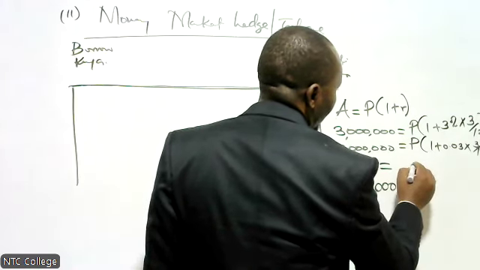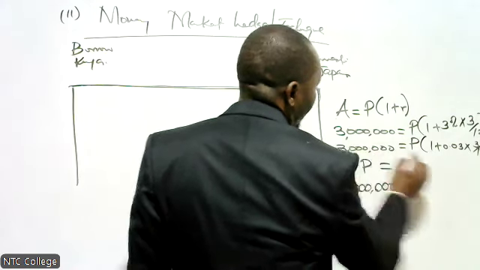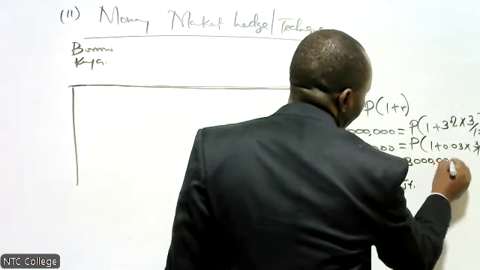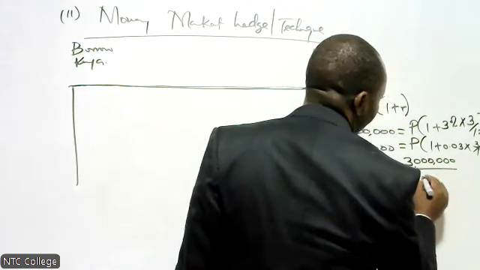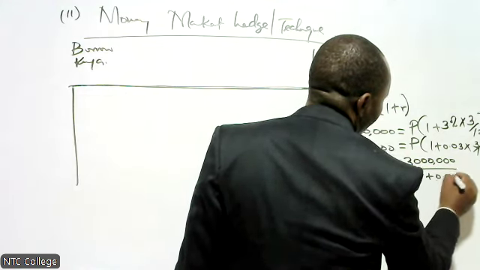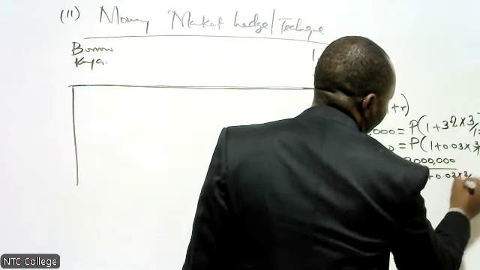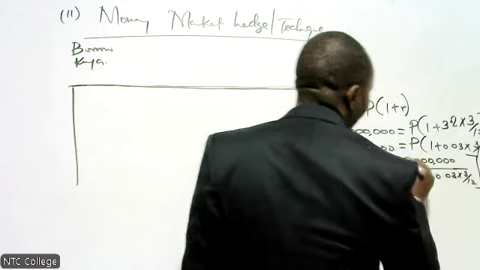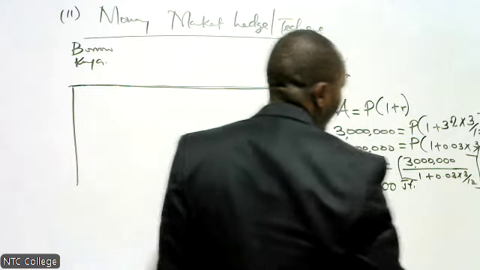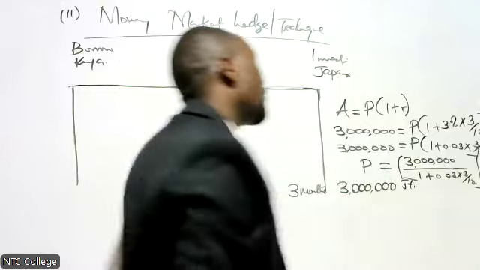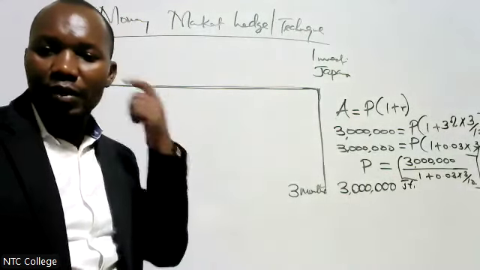P is equal to this amount, 3 million, all over 1 plus 0.03 times 3 over 12. What are you getting as the value of the principal to be invested? What is the value of principal that we are investing?